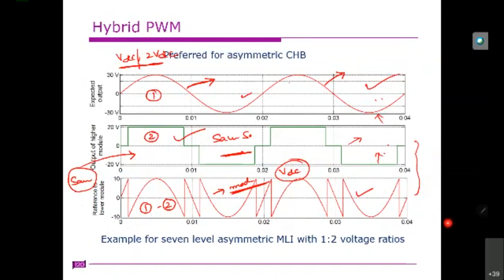That means you have only one carrier, a 50 Hz carrier signal, and we have the sine wave. With that interaction, you will get this waveform. Or you can eliminate certain harmonics by using selective harmonic elimination. That we discussed.